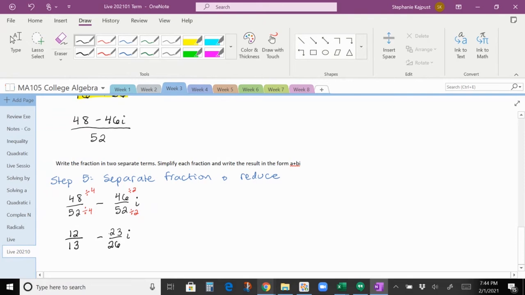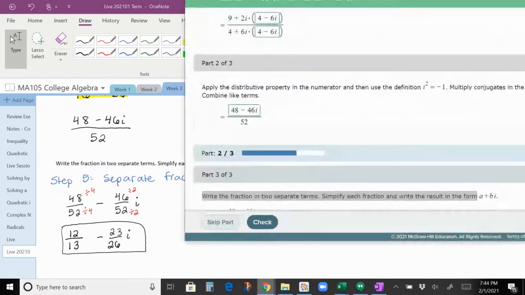Now we're in the form that they wanted, a plus bi, or in our case, a minus bi. I took my answer, separated it out, and then reduced those fractions, and you have them as two separate terms.